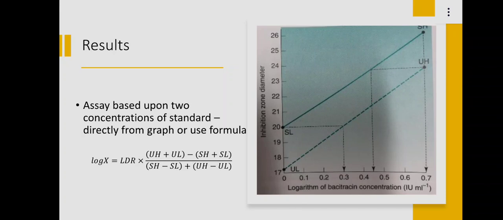So if it's a syrup, there will be quite some sugar. If they are tablets, then you get different types of excipients, etc. Those other compounds present may affect the diffusion of the drug and therefore the size of the inhibition zone.